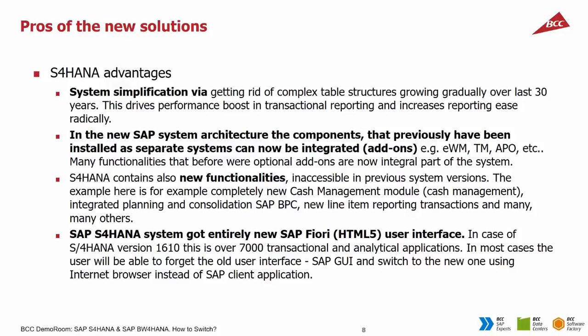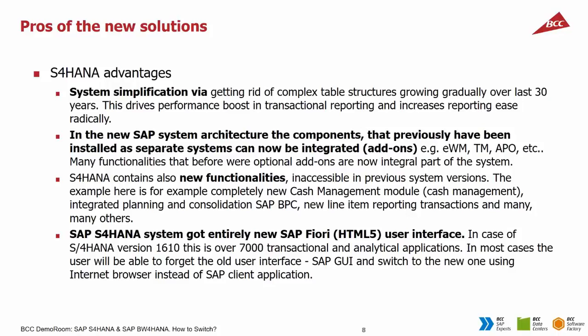New line items reporting transaction that allow aggregating data on the fly, and many others. So there are a lot of new functionalities, and when SAP creates something new for its ERP system, it does that only for S/4HANA. The old system is not developed any longer.